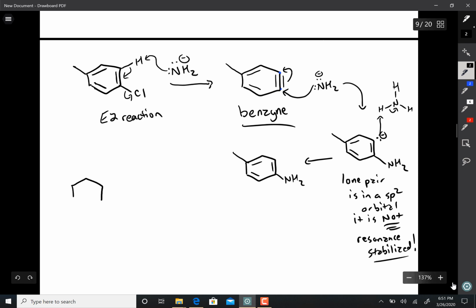To get to the other molecule, the NH2- only has to attack the benzyne at the other carbon.